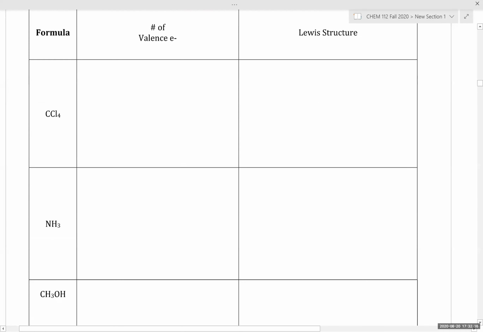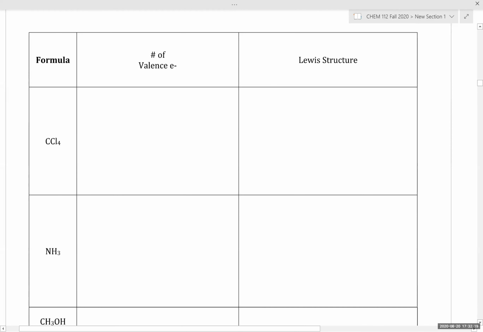Okay, so we're going to do some examples now where we have our formula, we count the number of valence electrons, and we draw a Lewis structure. These are relatively simple examples, but I'll start things off by looking at the Lewis structure for chloroform. Oh, sorry, no, this is carbon tetrachloride.